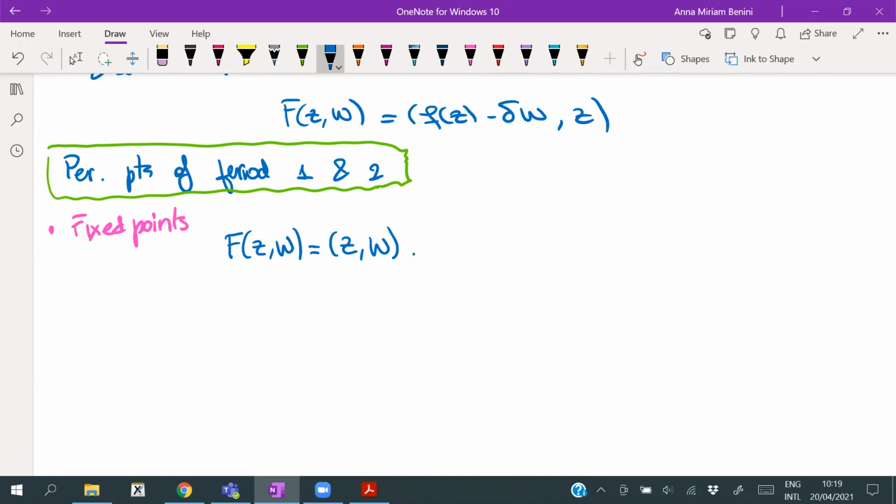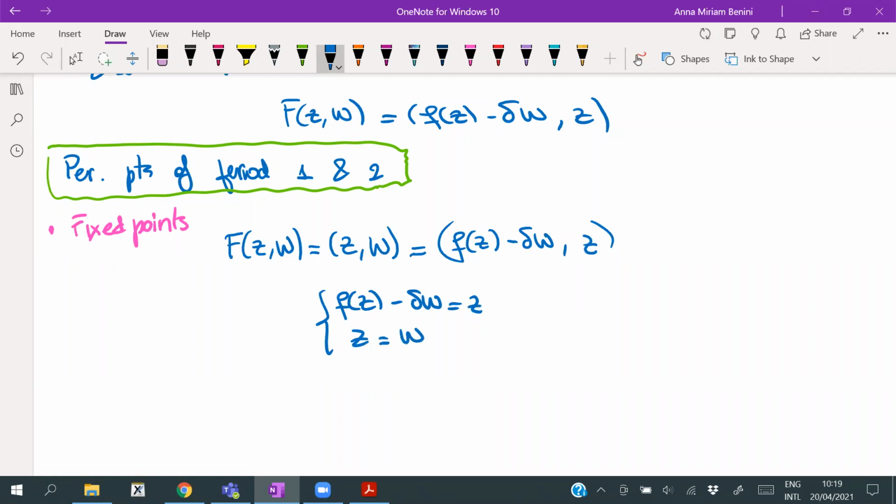It means that (z,w) should be equal to (f(z) - delta w, z). So this tells you immediately that it needs to satisfy the following two equations: f(z) - delta w equals z, and z equals w. You substitute, and you get that f(z) - delta z is equal to z.